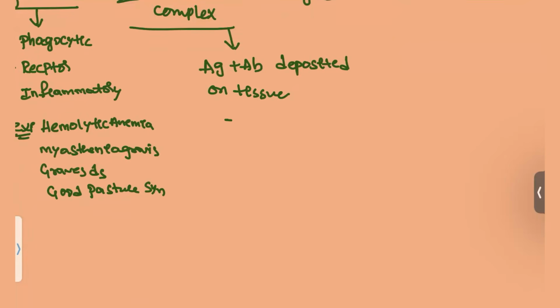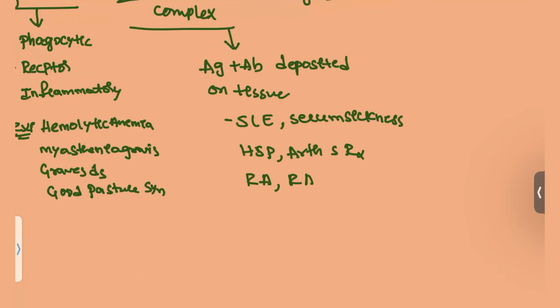Examples: systemic lupus erythematosus and serum sickness, Henoch-Schonlein purpura, Arthus reaction, rheumatoid arthritis and reactive arthritis, and post-streptococcal glomerulonephritis. And one more thing you have to remember is the lepra type 2 reaction is also seen with the immune complex.